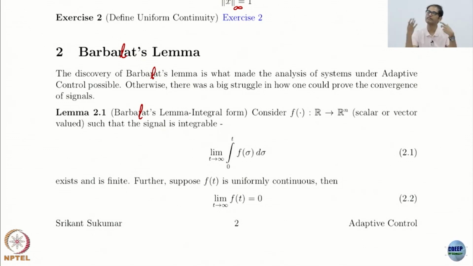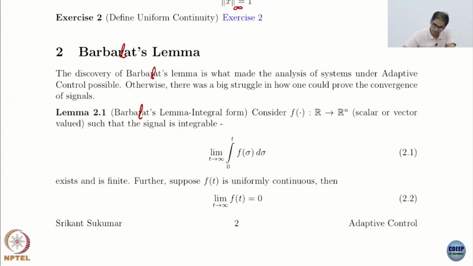But the Barbashin-Krasovskii-LaSalle theorem was talking about convergence to the origin, when V dot is negative semi-definite only. But if you remember, everything we did in the LaSalle invariance required that the system be time invariant, an autonomous system. We were always dealing with autonomous systems.